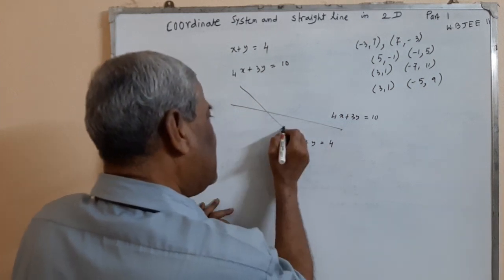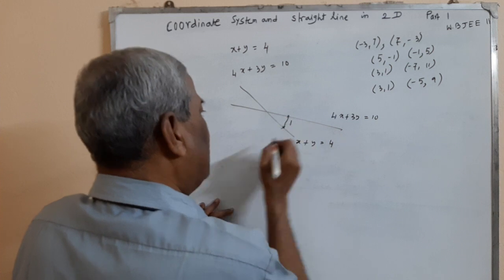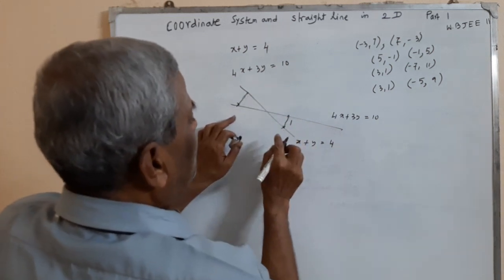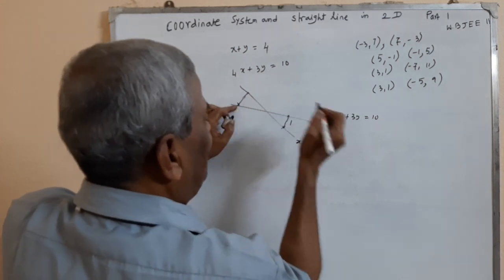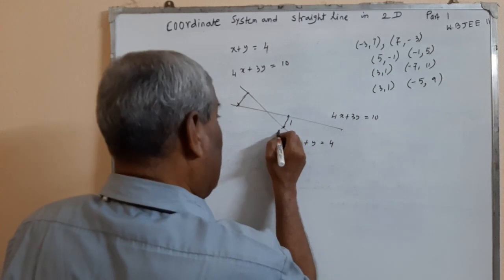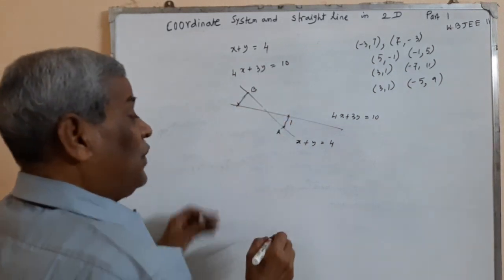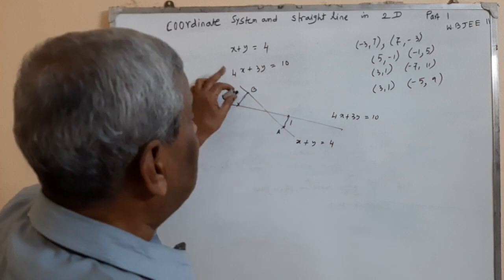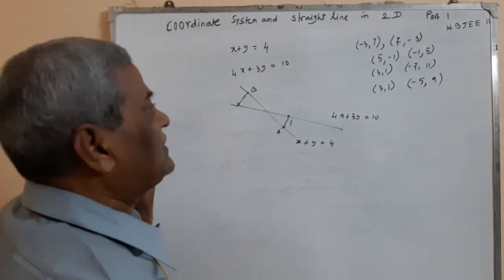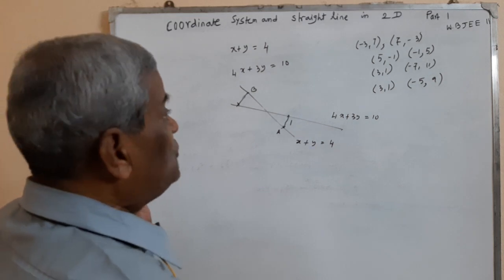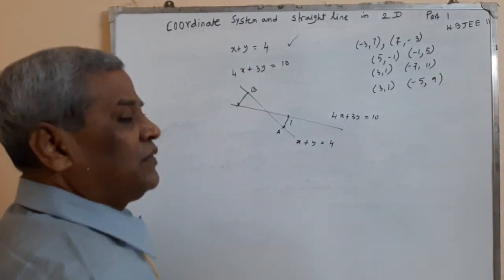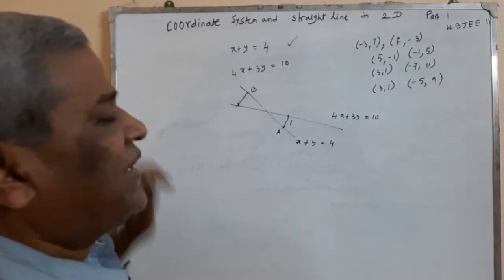From this point the distance is 1, and from that point the distance is 1. So we have to find points whose perpendicular distance is 1. Say A is one point and B is another point. For that purpose, the easiest way is to take a parametric point on that straight line.